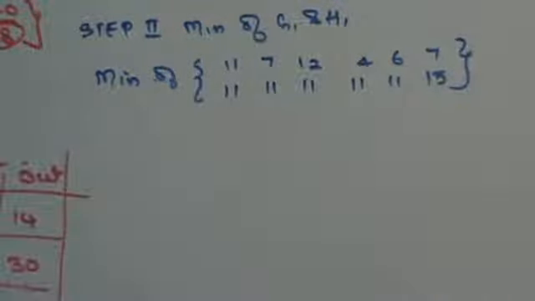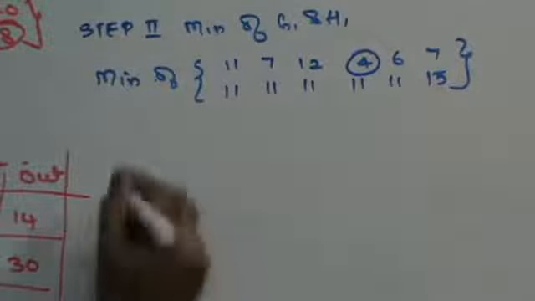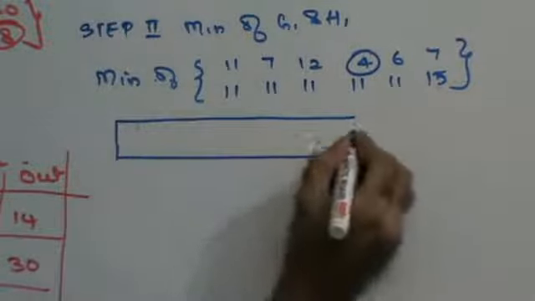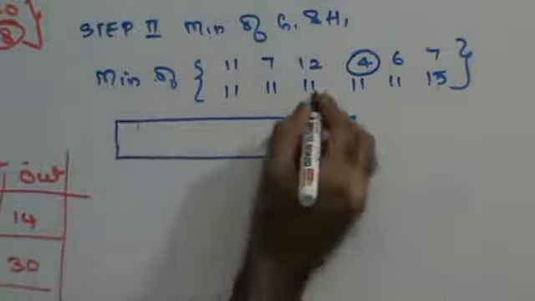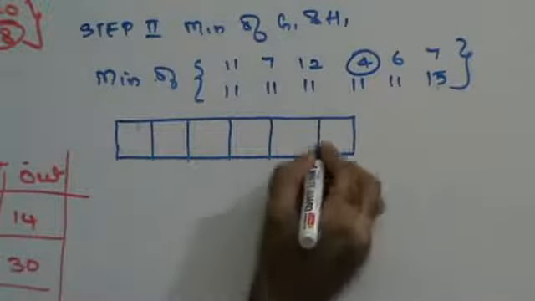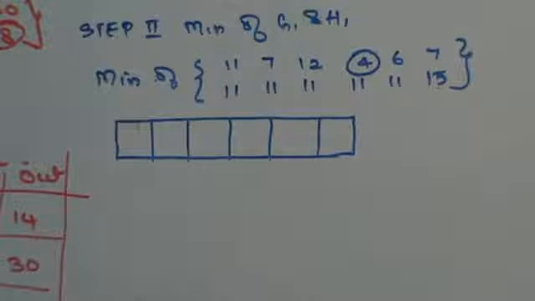Right? The smallest value is 4. Since the smallest value is 4, therefore this is going to be 1, 2, 3, 4, 5, 6. Since it is in the first row, therefore I'll start writing from the starting point. So this is going to be J4.